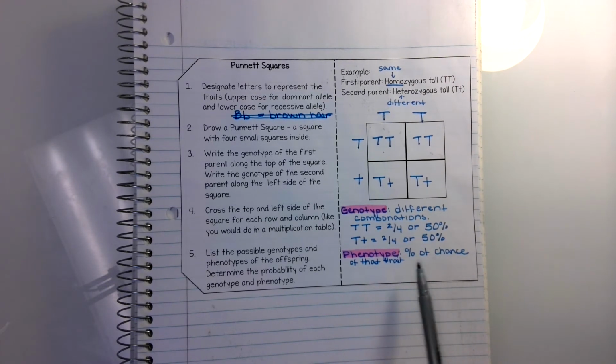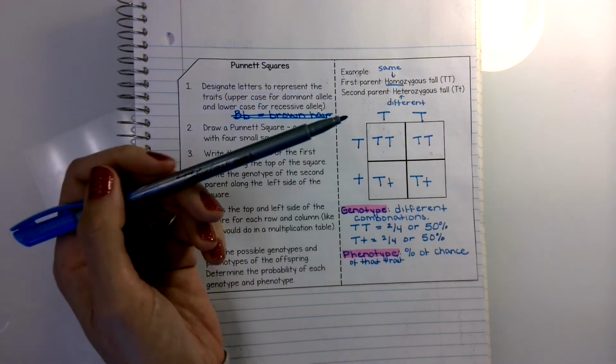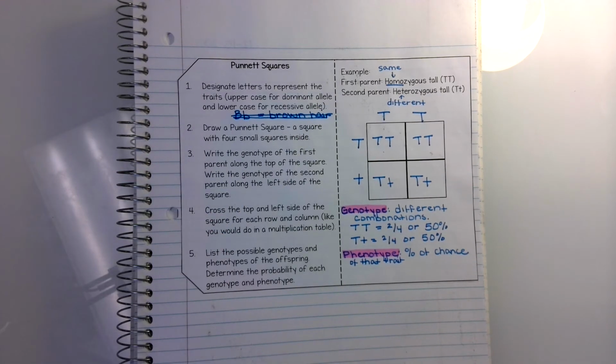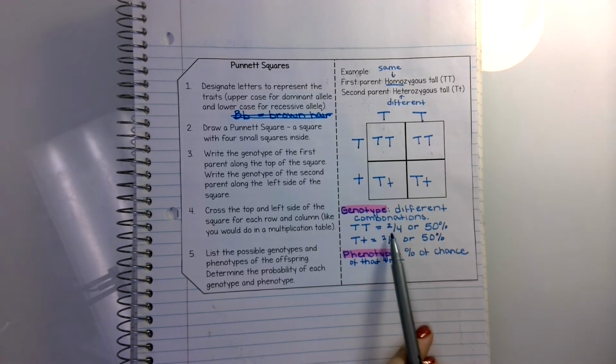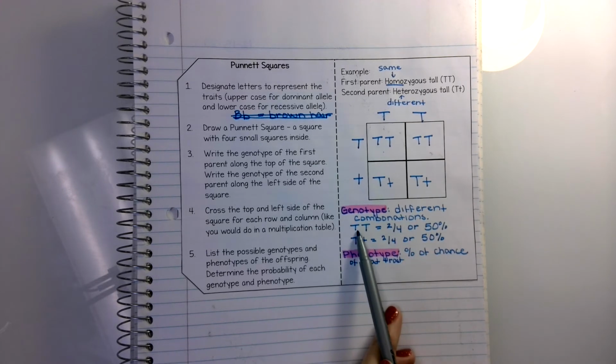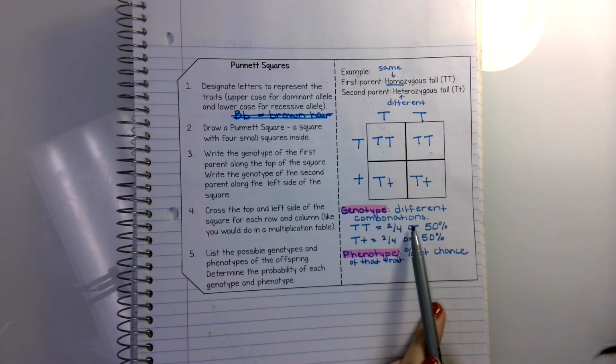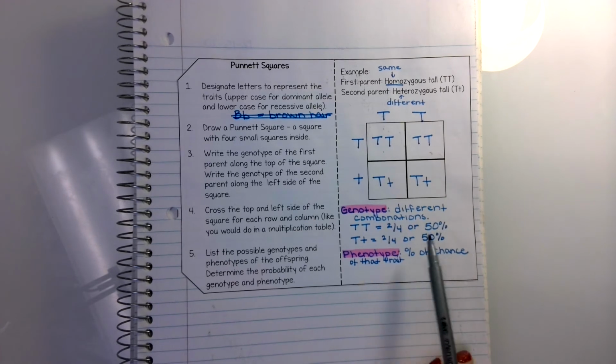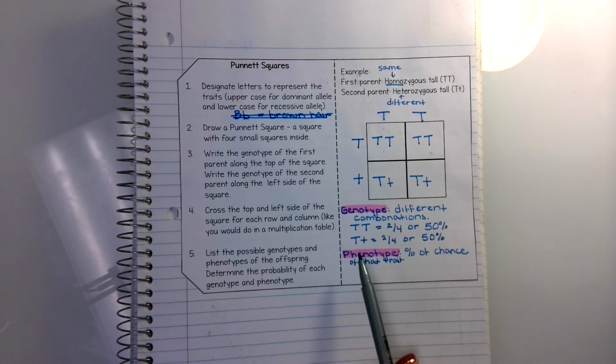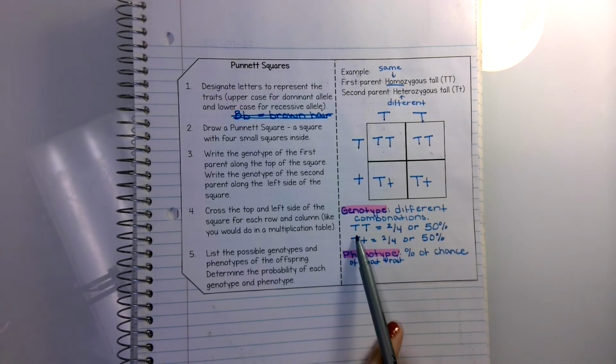So the percentage chance of each trait. We know that if a dominant trait is present at all, then it overrides the recessive. So for the first 50%, they're both dominant, so definitely tall. And then this one has a dominant tall and a recessive tall, so the dominant is going to override it.